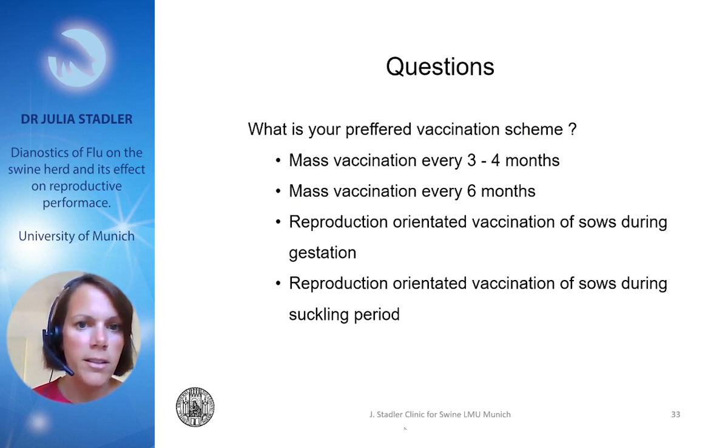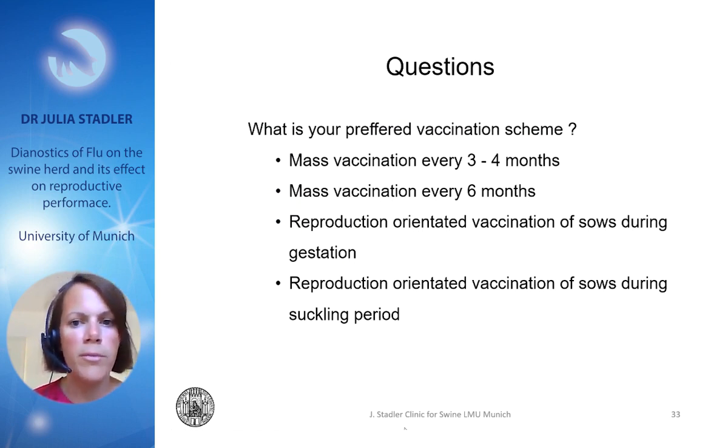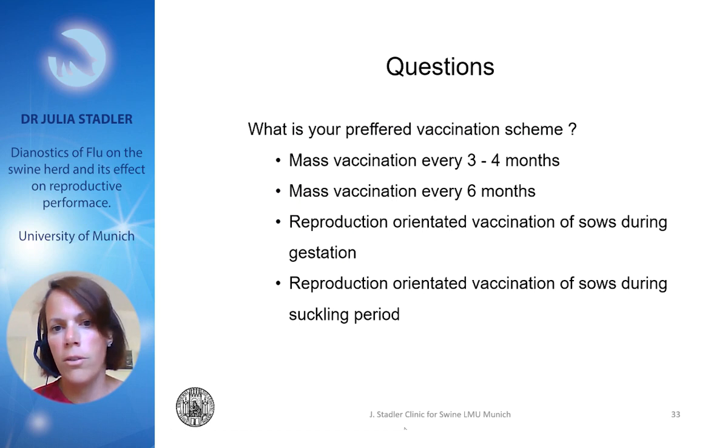They are often forgotten to be revaccinated, the returning sows. So my preferred vaccination scheme is mass vaccination every 3 to 4 months: 3 months if the infectious pressure is very high in a high pig density area, or 4 months, which is in many cases sufficient.